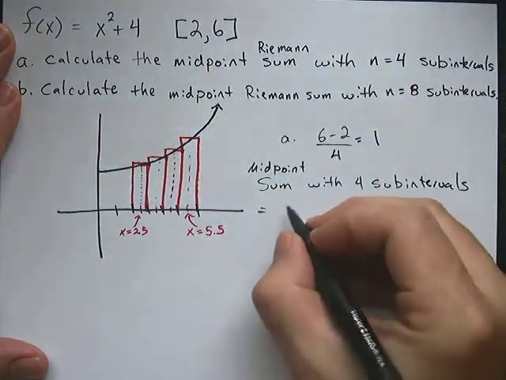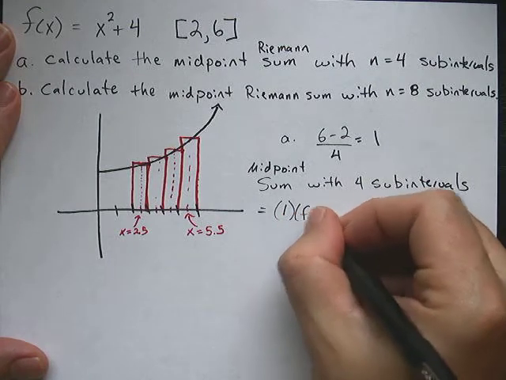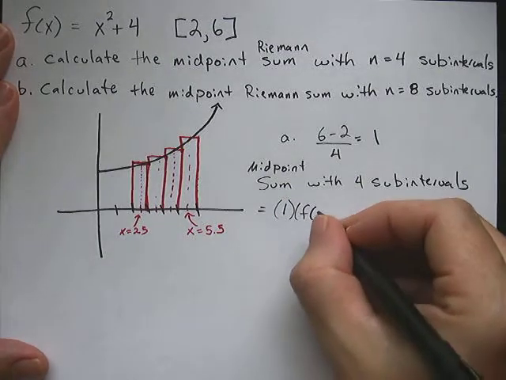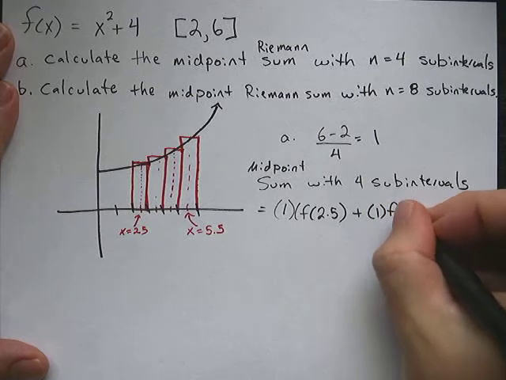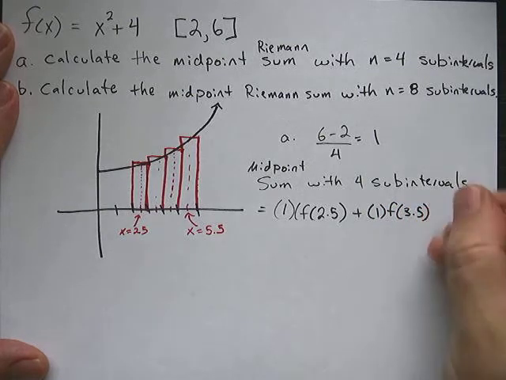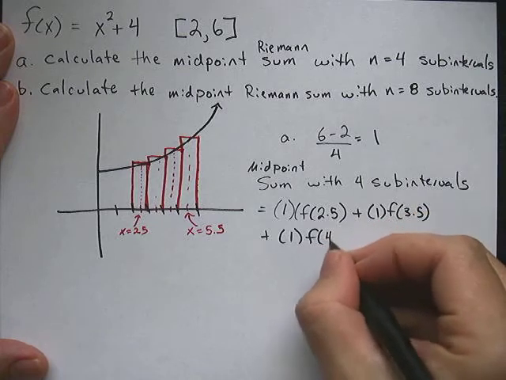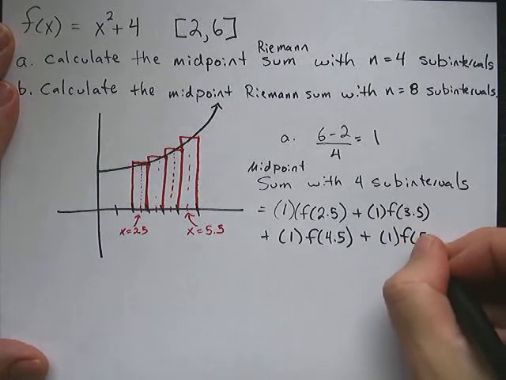So it's going to be 1 times f of 2.5, plus 1 times f of 3.5, plus 1 times f of 4.5, plus 1 times f of 5.5.